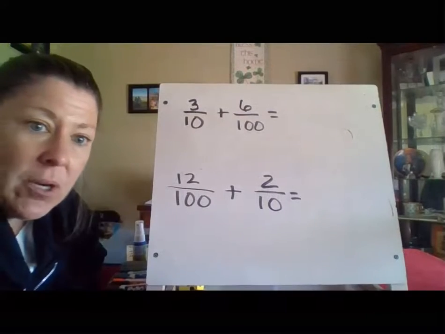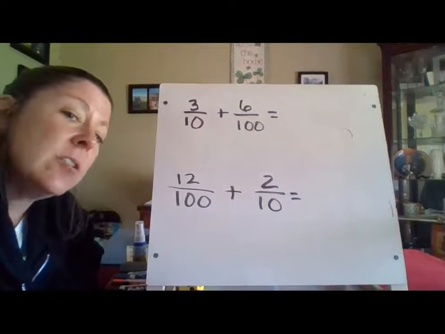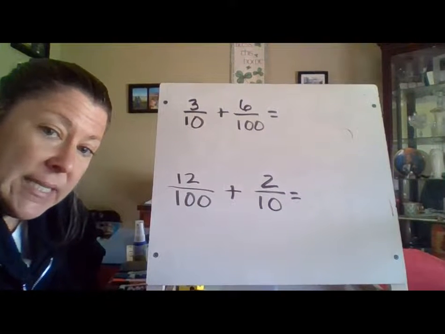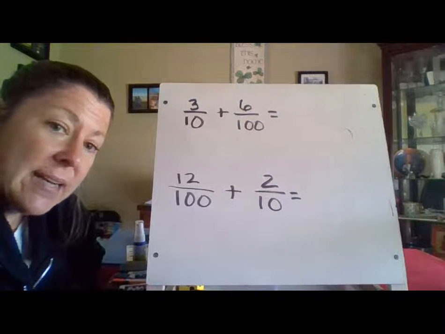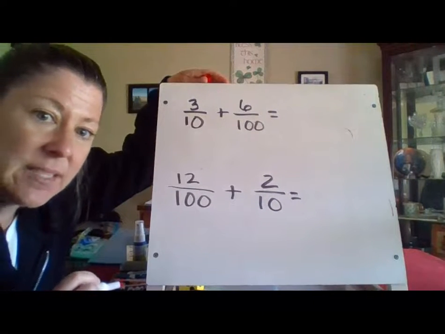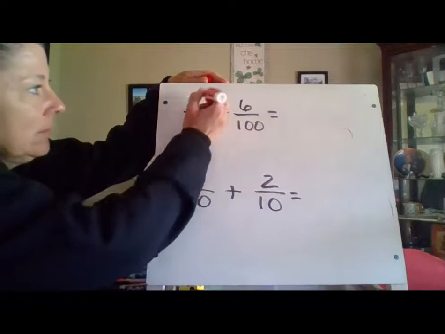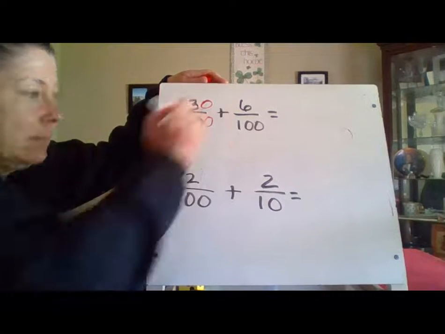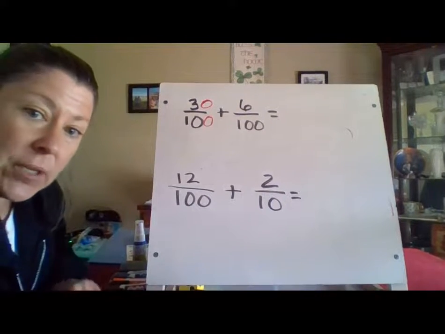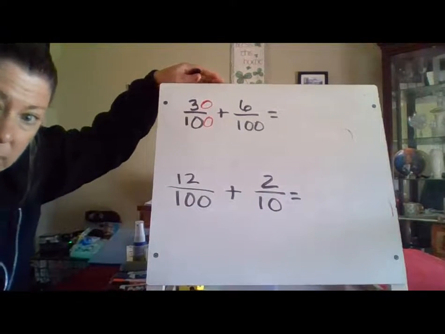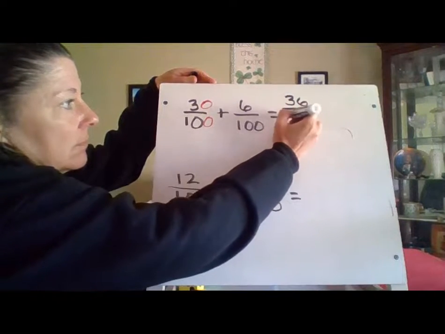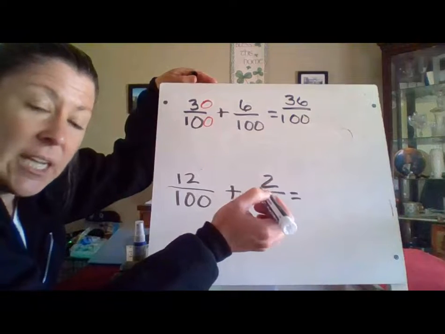All right, so the last part of our lesson is always on my whiteboard. Now we have 3/10 plus 6/100. Again, not apples to apples, but I know I can easily change my tenths to hundredths. 3/10 is equal to 30/100. 30/100 plus 6/100. 30 plus 6 is 36/100.